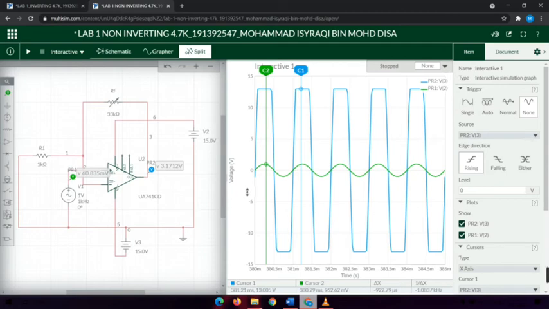As we can see through the graph, it will not change the phase going in and out. Both are synchronized in positive phase.